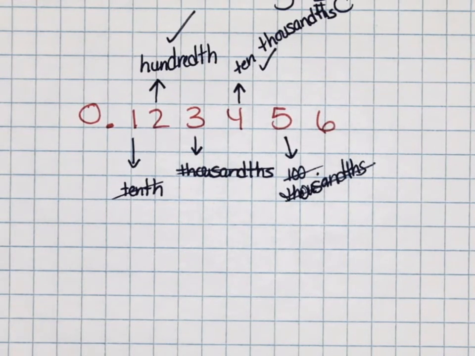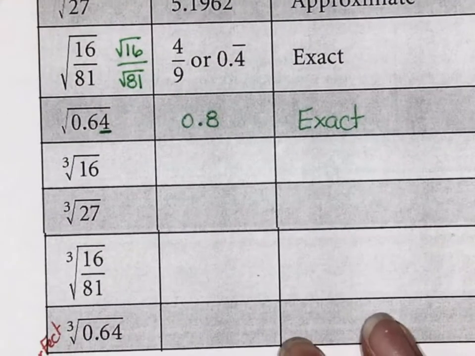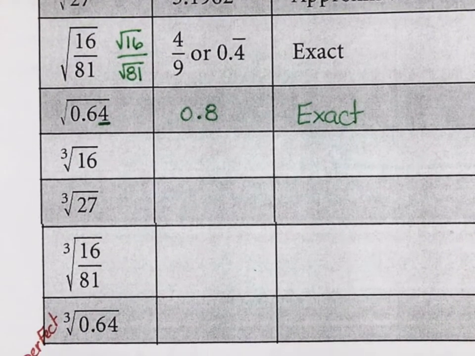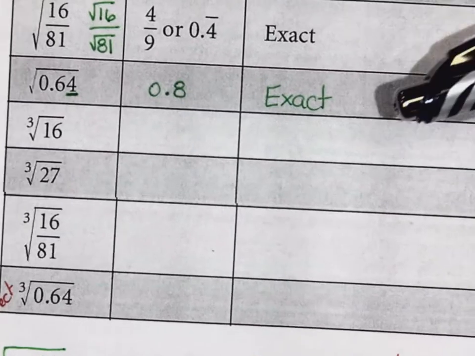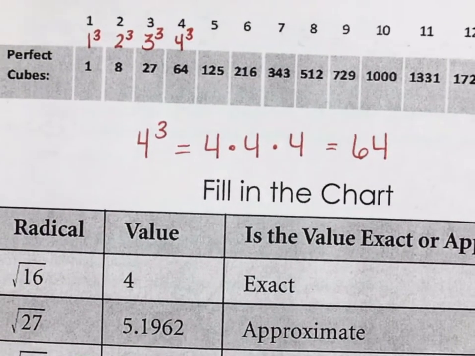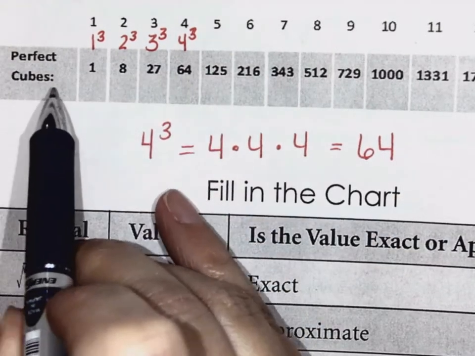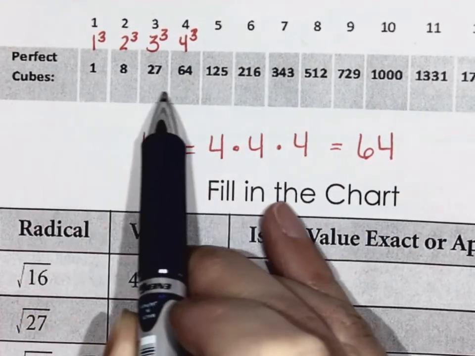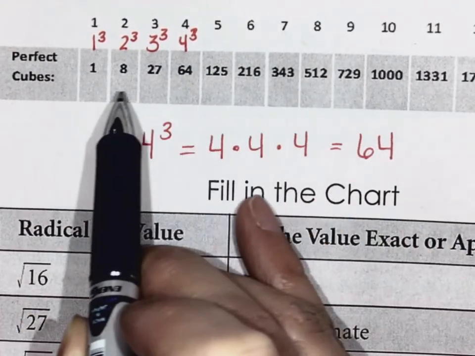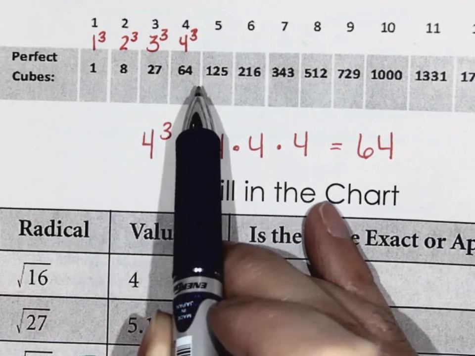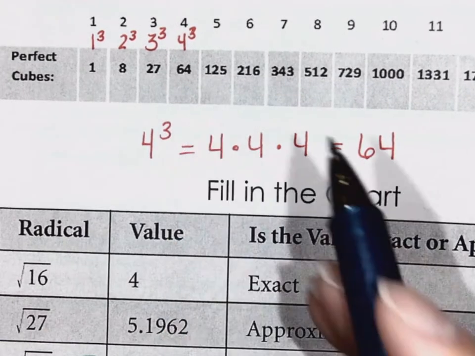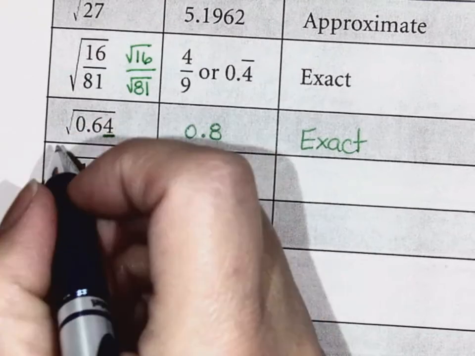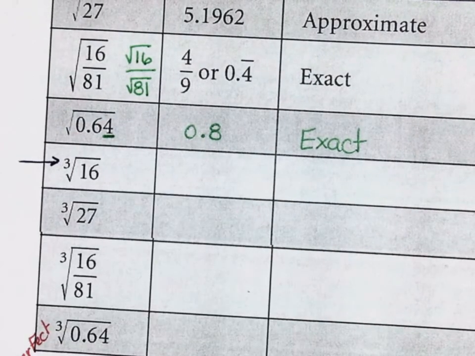Okay, let's go back to filling out the chart. Cube root of 16. So I'm going to go up here. Is there a 16 in here? No, there's no 16 in the cubes. So this means I'm looking for perfect cubes.